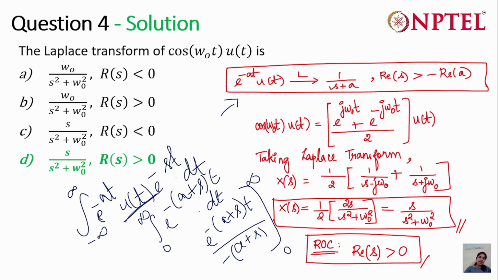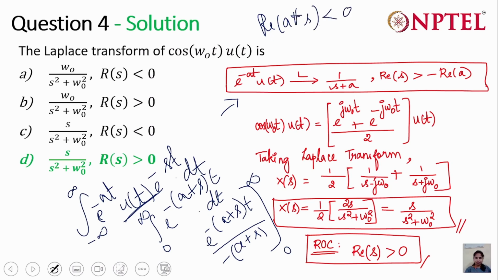Now, there is a catch in finding the ROC here. So, how do you say what is our ROC? If you consider this expression, for what value of a plus s does this integral converge? For example, if the real part of a plus s is lesser than 0, what happens?